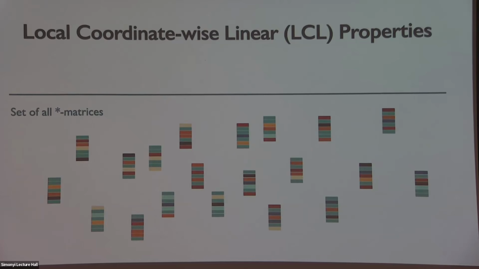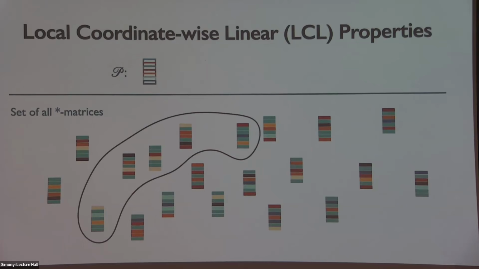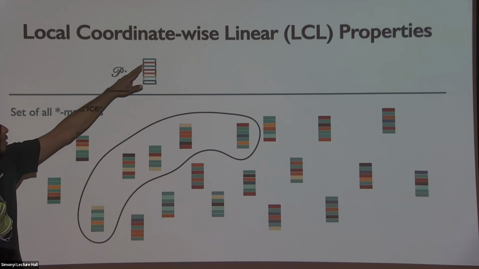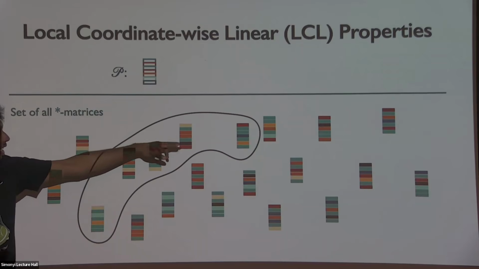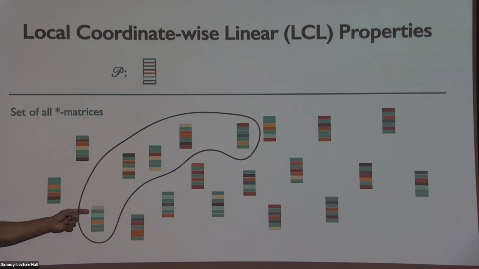When you drew these circles here, the colors maybe don't mean too much. It's saying that you have a local profile, and this can describe multiple star matrices, all the star matrices that are being described by this. For each of these star matrices, the first row lies in V1, the second row lies in V2, and so on and so forth.